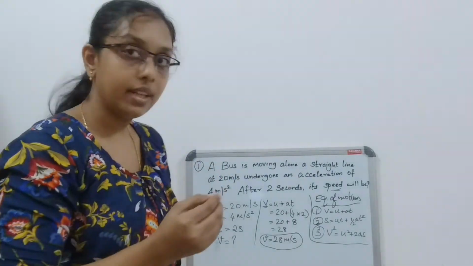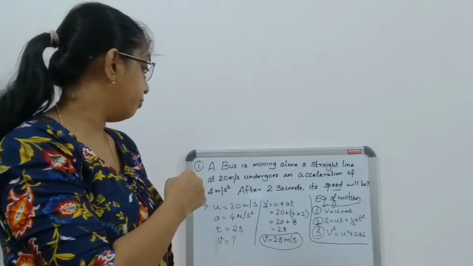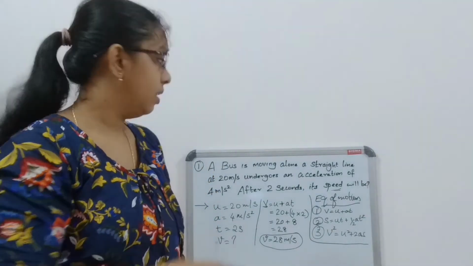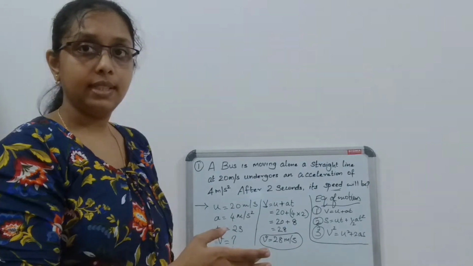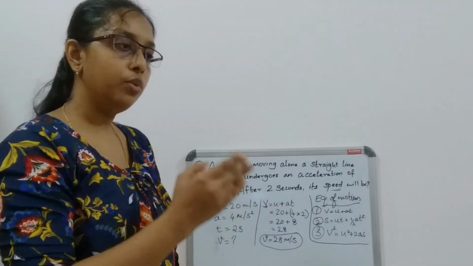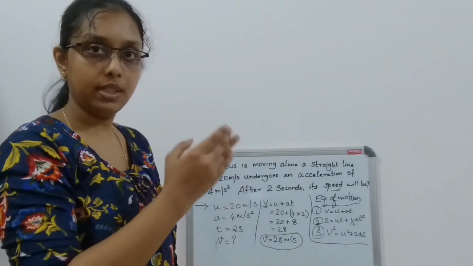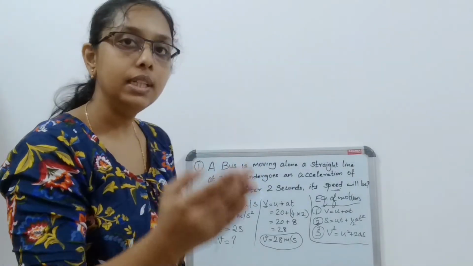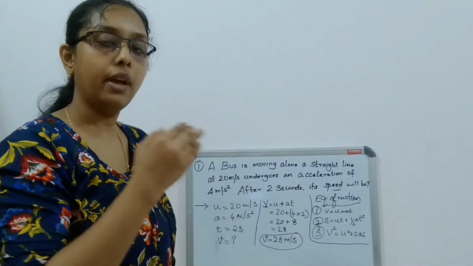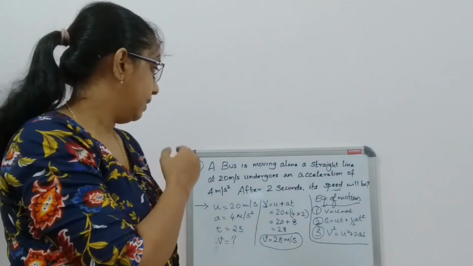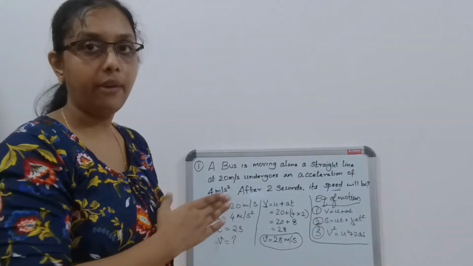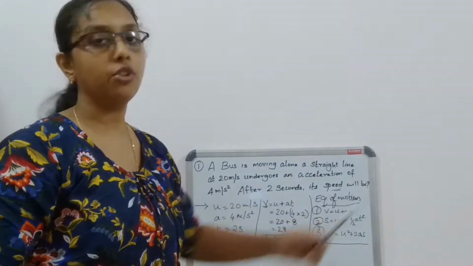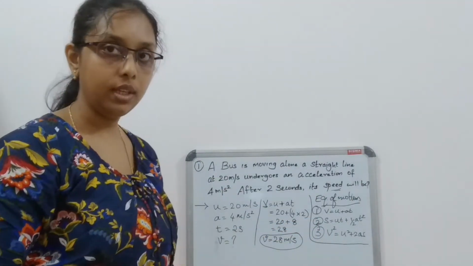It accelerates at 4 meter per second square. After 2 seconds, what will be the speed? That means we have to find out the final velocity, which we have found out from the equation of motion.